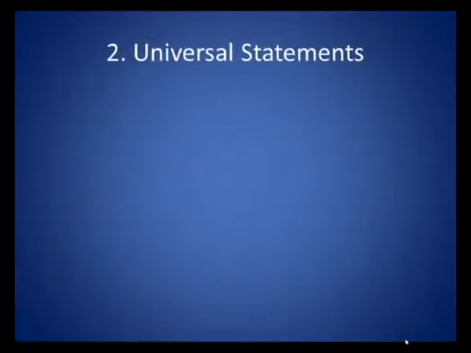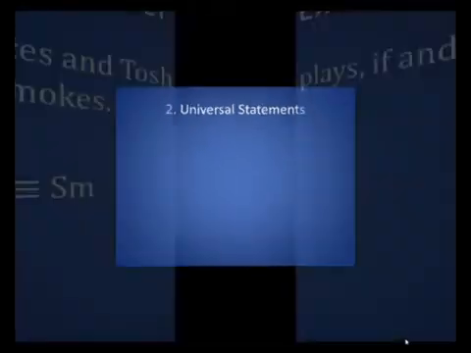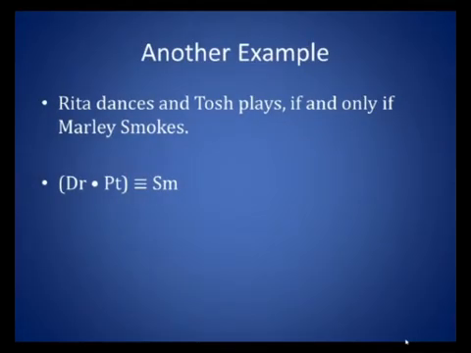Okay. Now let's move on to universal statements. Before I move completely on with them, though, I just want to make sure that we're clear about what's going on with the singular statements. Remember again that if it's a singular statement, it's always going to involve a person, place, or thing.